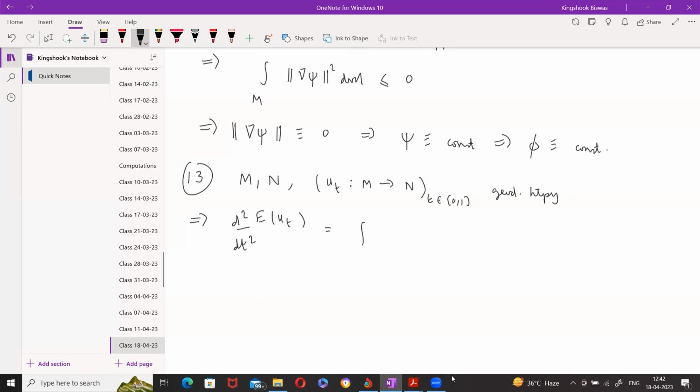This is the integral over M of the norm of grad of del u_t del t, whole squared, minus the sum over i, basically a curvature term, R^N of du_t e_i, del u_t del t, acting on du_t e_i, del u_t del t.